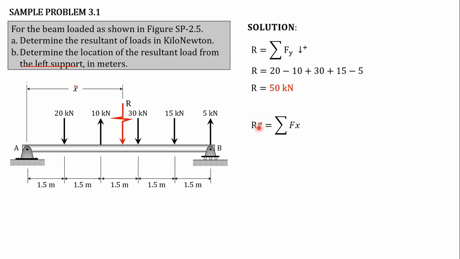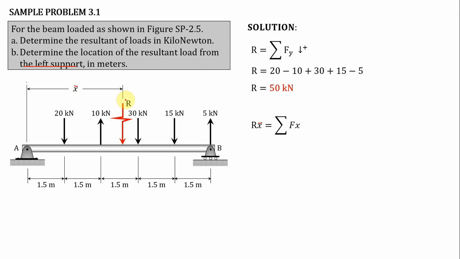So ito yung, class, R times bar x is equal to the summation of moment. Moment is equal to force times distance, or force times x, which x represents the distance with respect to horizontal. Okay?